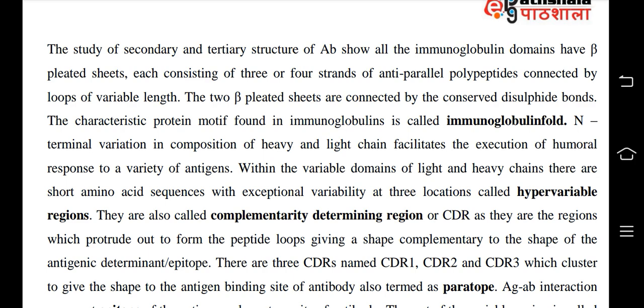The two beta-pleated sheets are connected by the conserved disulfide bonds. The characteristic protein motif found in immunoglobulins is called the immunoglobulin fold.